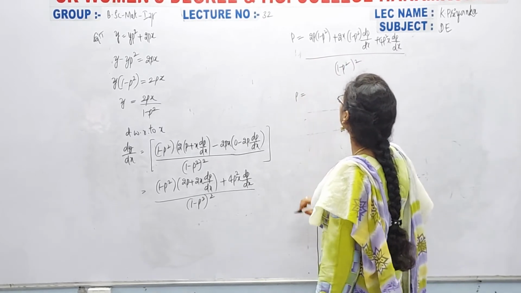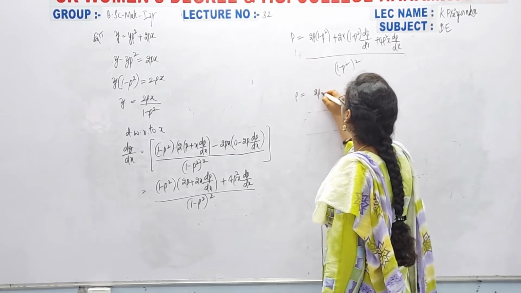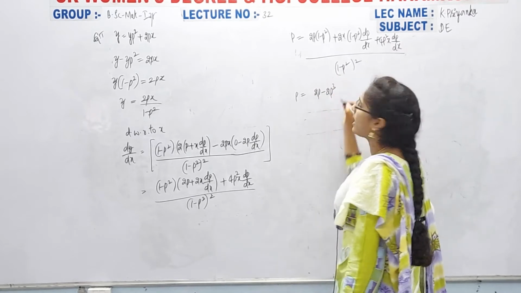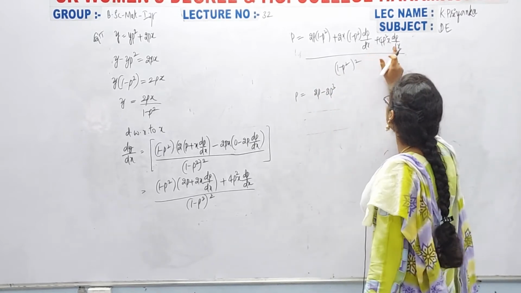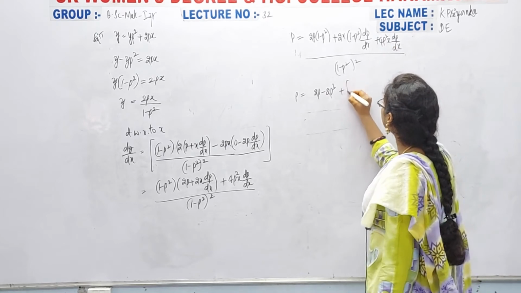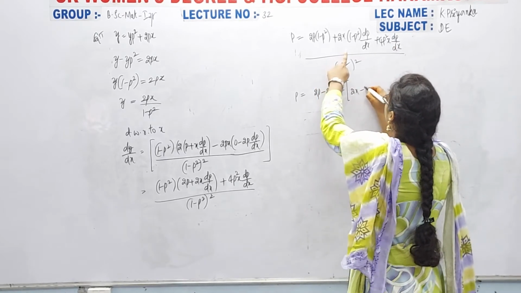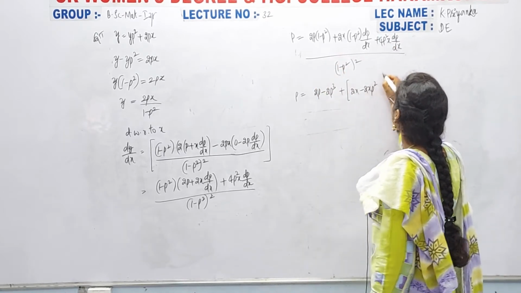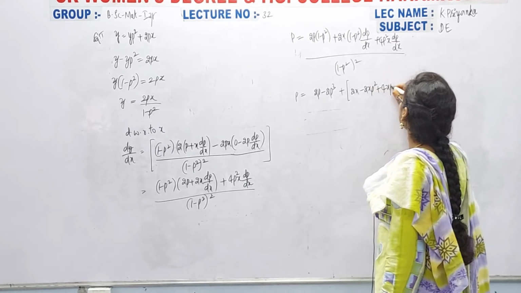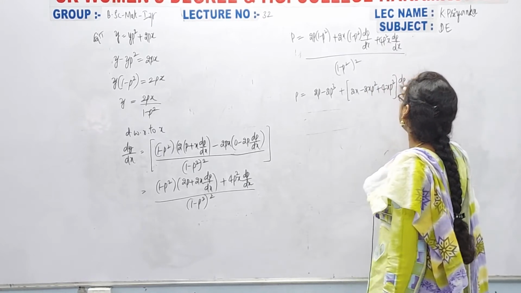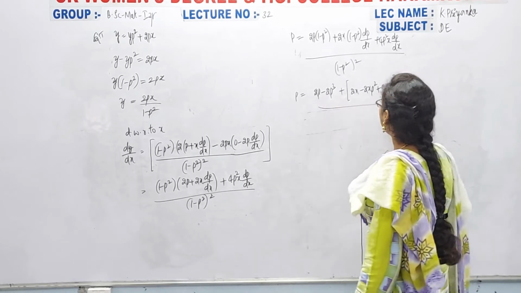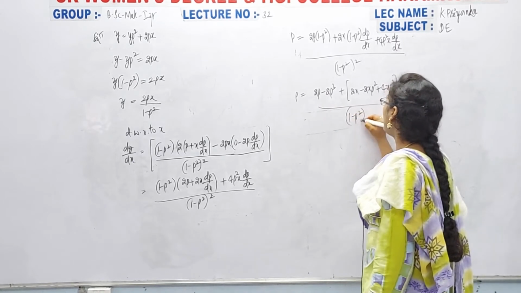So p is equal to, now here what we get, 2p minus 2p cube, I am splitting. Next the dp by dx term, so plus 2x minus 2x p square plus 4x p square of dp by dx whole divided by 1 minus p square whole square.